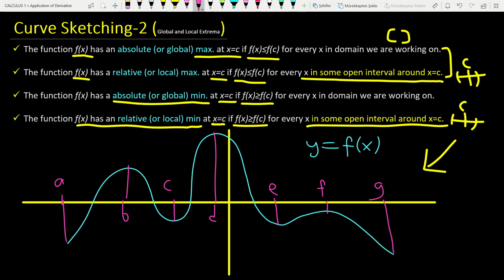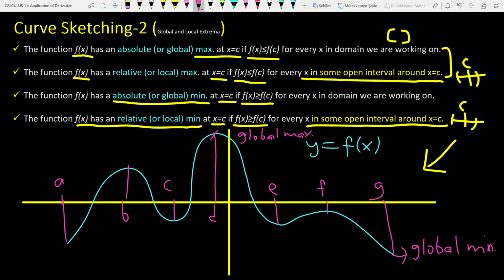The global minimum point is the point G. What about the global maximum point? We only have one global maximum point. This is D, the global maximum. Okay. We may have only one global maximum and one global minimum point.